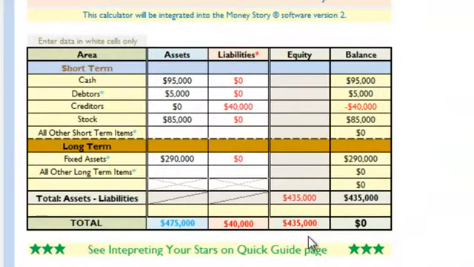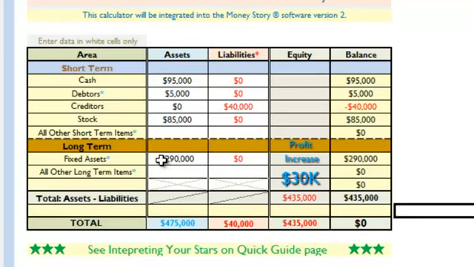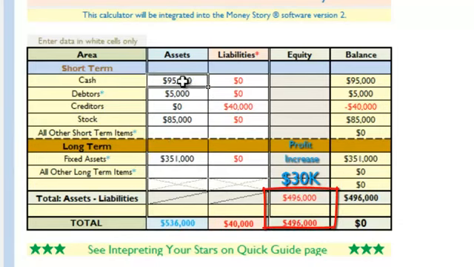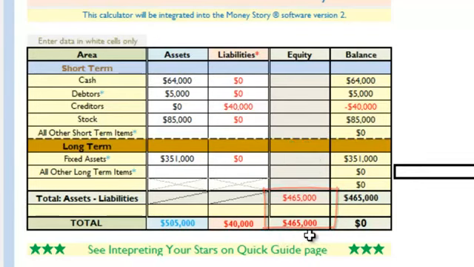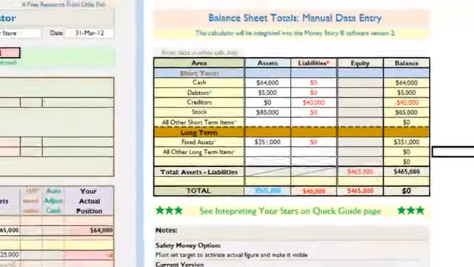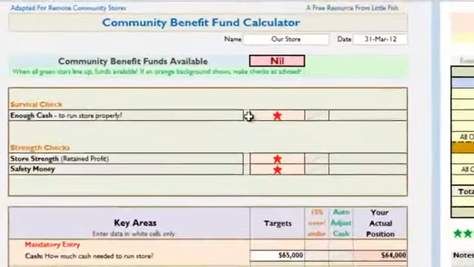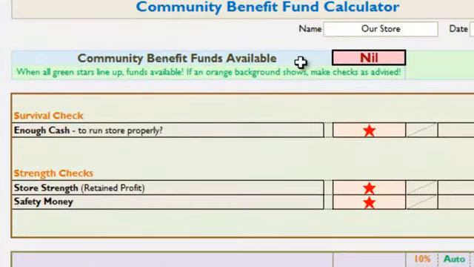Let's suppose we're being really successful, and in 3 months we shoot up by $30,000 in profit to $465,000. So let me put some numbers in here. Another number up here to keep it simple, and here we are up by 30,000 to 465. And yet, after making all this profit, we've got red indicators for everything and no community benefits available.